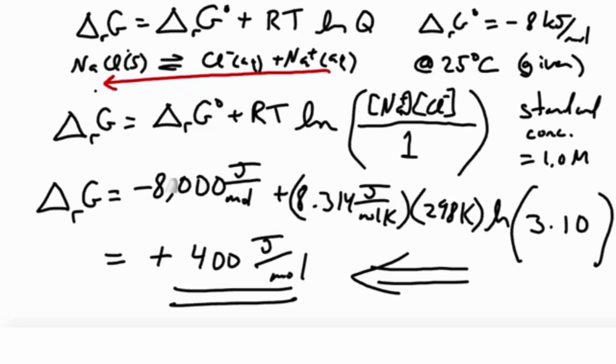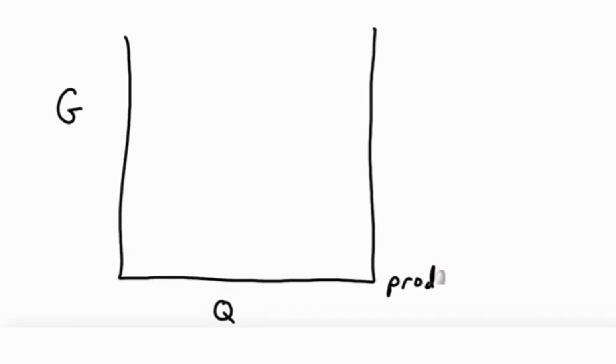Well, it's good to look at this as sort of a graphical G-plot, I think is helpful. Your professor has probably drawn one of these for you in class, where you have products and you have reactants, and then Q tells you how far along you are in your reaction progress between reactants and products.